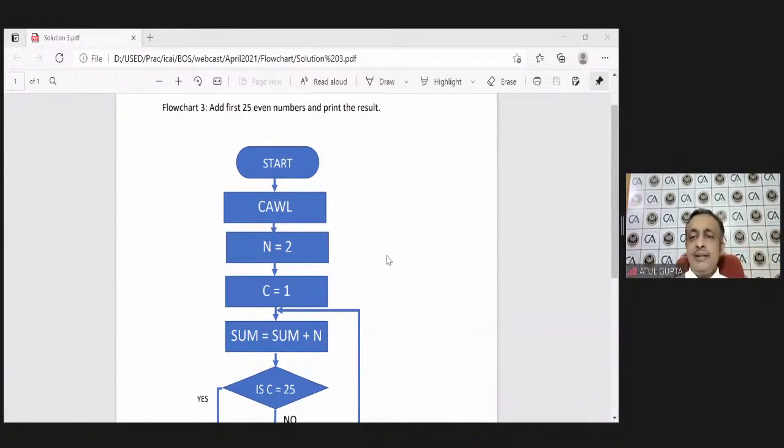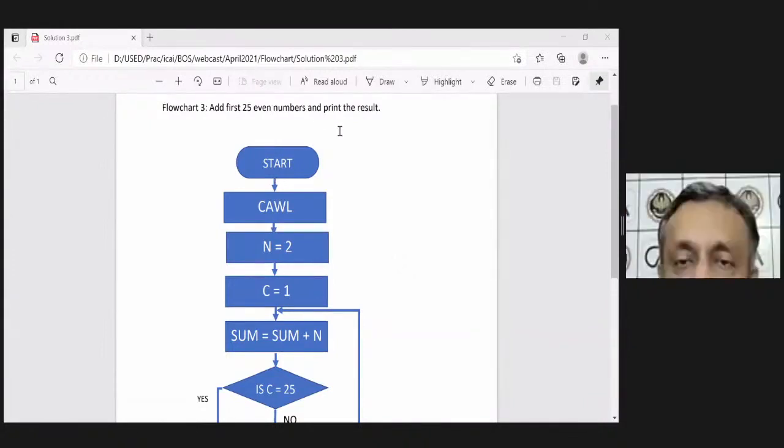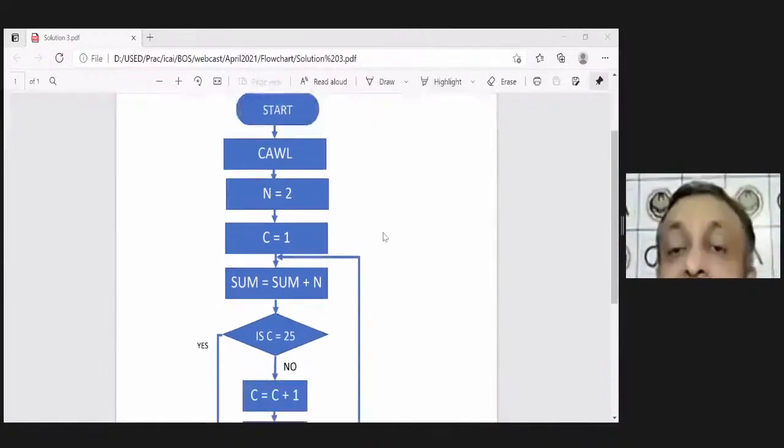Now on the third flowchart, add first 25 even numbers and print the result. I've given N as my number, so it is 2. C is my count, so it is going to be a loop. CAWL, as Kiran Kumar said, is clear all working locations. In the first flowchart I defined it, I'll do it again. Clear all working locations is basically telling the computer, because in the computer there are memory registers where variables may have some value, so it nullifies, makes those values nil.